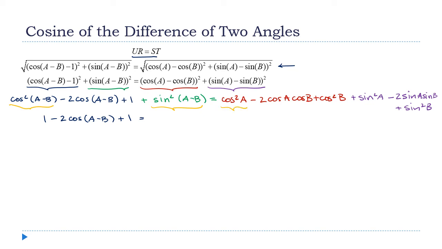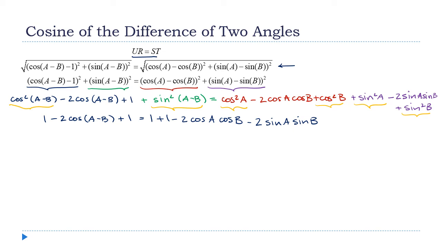I've got cosine squared A plus sine squared A, that's equal to 1. And I've got cosine squared B plus sine squared B, that's equal to 1. And what's left? Minus 2 cosine A cosine B minus 2 sine A sine B.